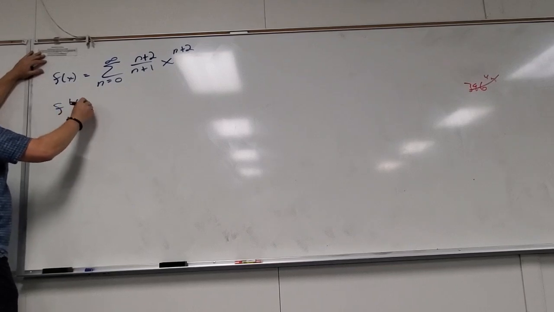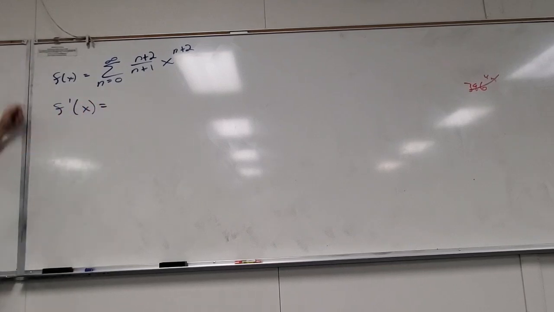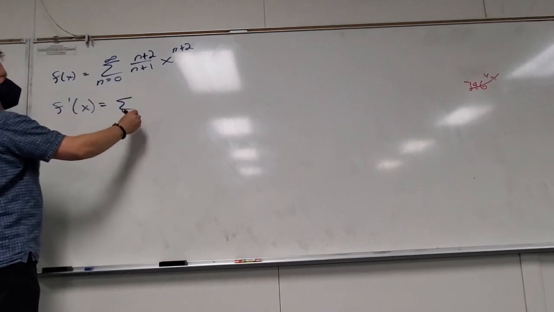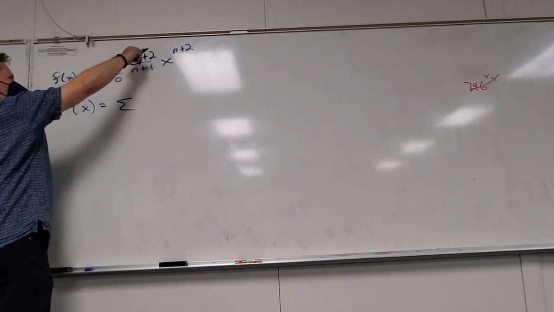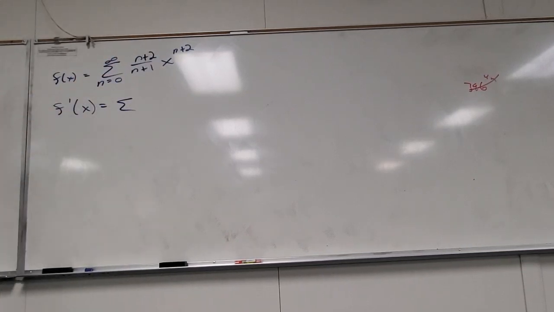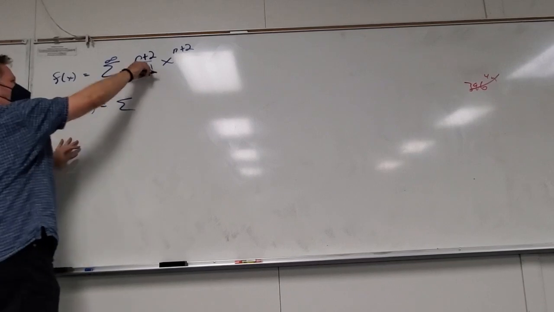How would I take the derivative of that? What is this as far as the derivative is concerned? Constant, because I'm taking the derivative with respect to x. For every term, n is a constant. So this just comes along for the ride.